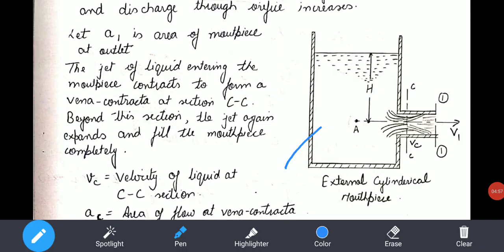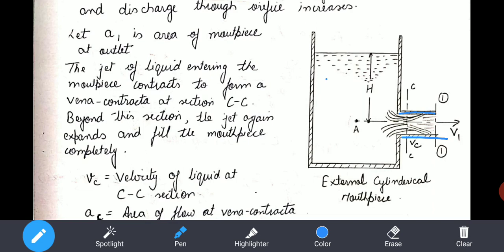Now see, we have a cylindrical tank here, and the pipe is fitted outside it. If the pipe is fitted outside this tank, then it is called an external mouthpiece. Similarly, if this pipe is fitted inside the tank, it is called an internal mouthpiece. In this case we are considering the external cylindrical mouthpiece, where the pipe is external.